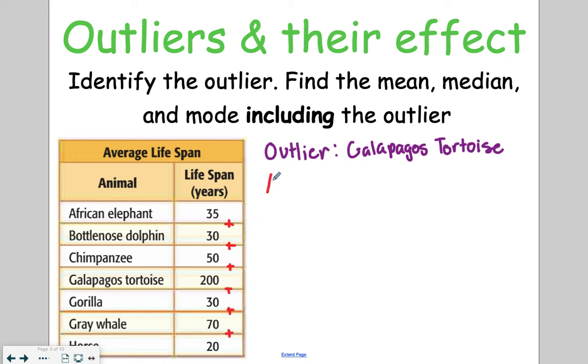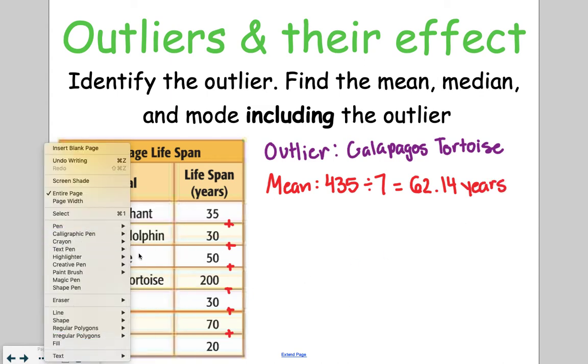And when you add that all up, you are going to get 435. And then there are 1, 2, 3, 4, 5, 6, 7 data points. So you're going to divide that by 7, which gives you, after rounding, an answer of 62.14 years as the average lifespan.